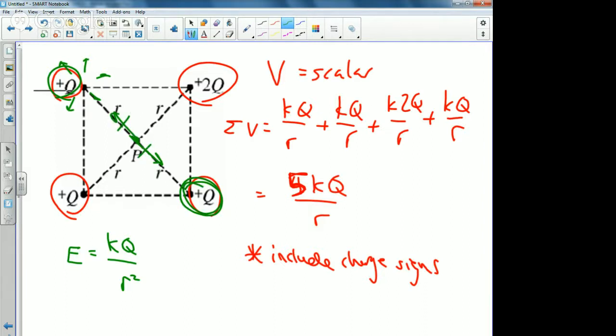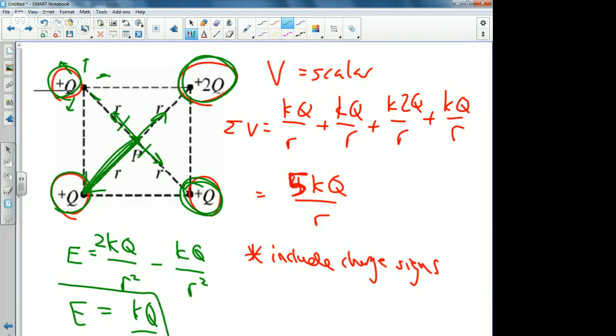They're balanced. Overall, the bottom left one is going up right, but this one is twice the charge, so it's going to be twice as powerful, not balanced. We can see they're going to subtract from each other because they're going opposite directions. So technically, when you have 2KQ over R squared minus 1KQ over R squared, because they're going opposite directions, you end up with 1KQ over R squared as your final answer.